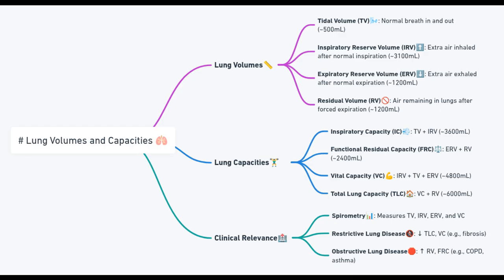But if your forced vital capacity is less than the lower limit normal, and the total lung capacity is also less than 80% predicted, then it could be mixed obstruction and restriction.